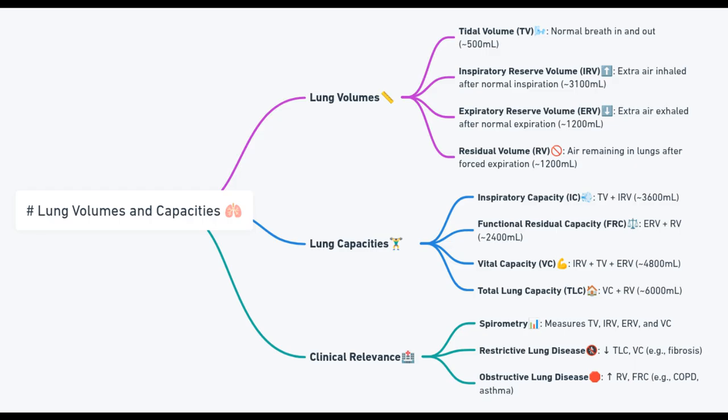So with the measurement of lung volumes and capacities, spirometry can measure all lung volumes except the residual volume, and all lung capacities that have the residual volume as a component cannot be measured by spirometry.